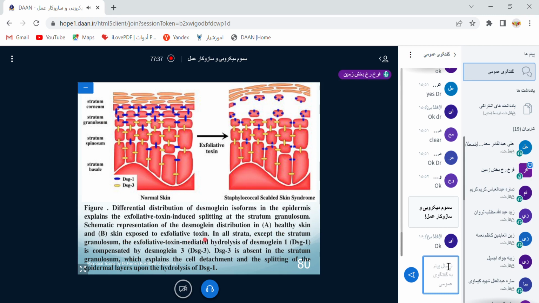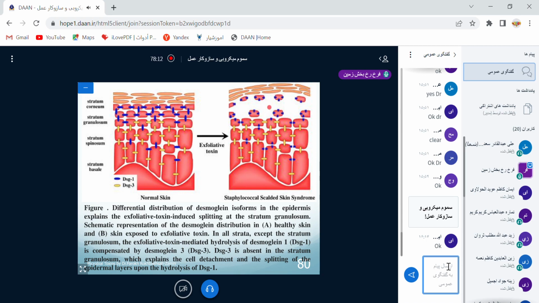In all strata except stratum granulosum, the exfoliative toxin mediated hydrolysis of desmoglein 1 is compensated by desmoglein 3, and desmoglein 3 is absent in stratum granulosum, which explains the cell detachment and splitting of the epidermal layer upon the hydrolysis of DSG1.